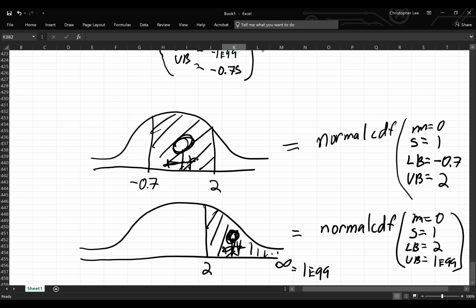It's not 0. The upper bound would be -0.75. For which one? For this first example here? They want this one, and the lower bound will be infinity. For this example here, which one?